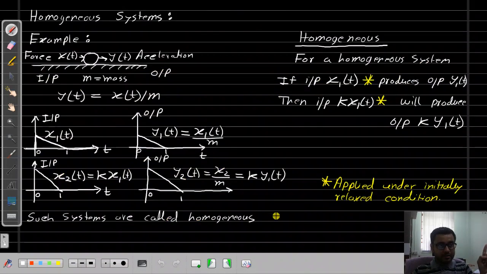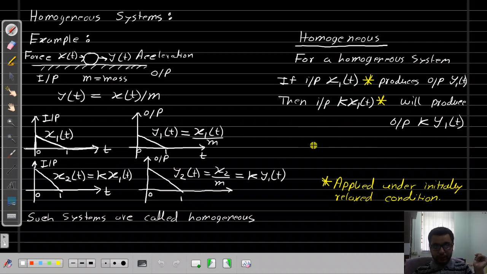Similarly, for a homogeneous system, if input x1 produces y1, then input kx1 will produce ky1.